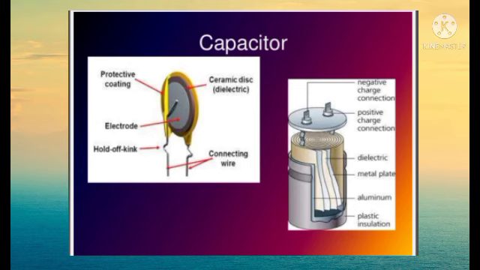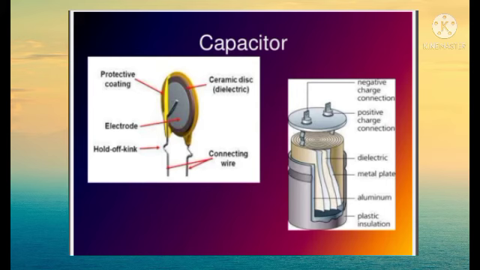It consists of a protective coating, electrode, connecting wires, and ceramic discs, that is the dielectric material. In different types of capacitors, different dielectric materials are used. Some are polar capacitors and some are non-polar capacitors.